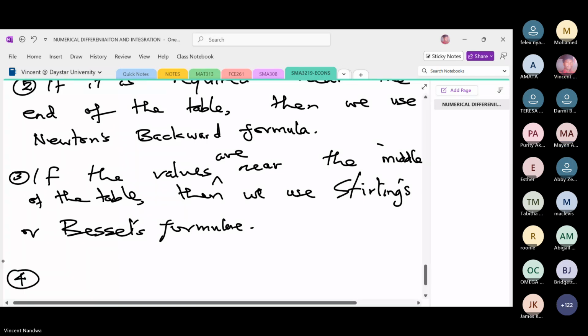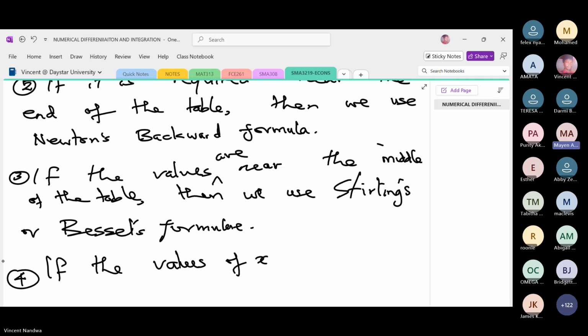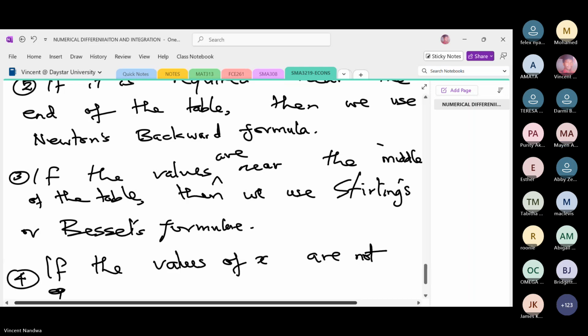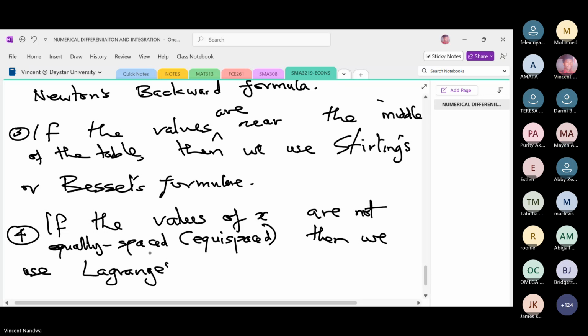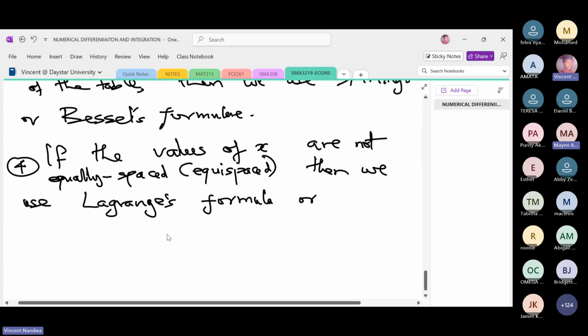Then if the values of x are not equally spaced, so if the values of x are not equispaced, then we use Lagrange's formula or Newton's divided difference formula.